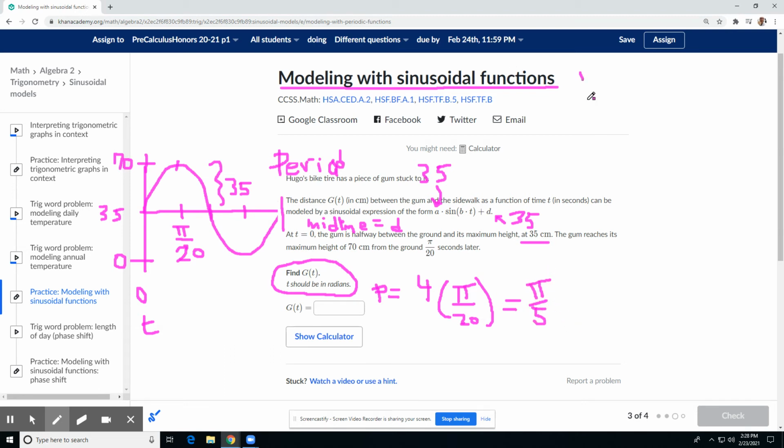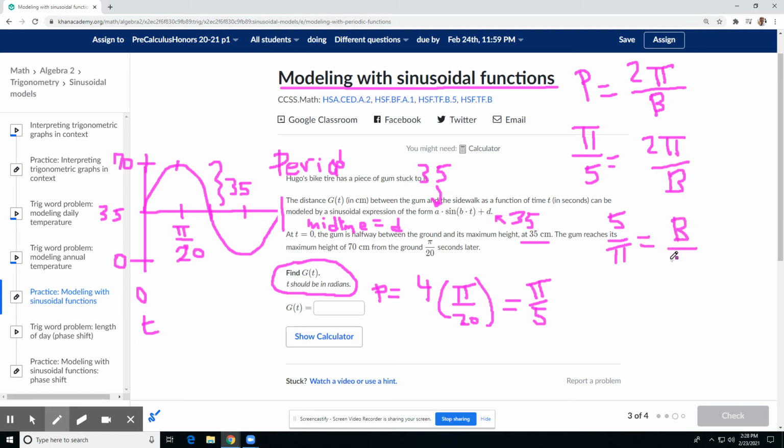All right, so our p formula is p equals 2 pi over b, and they're using little b. I like big B, so I don't confuse it with a 6. And then our period is pi over 5 to find our b. So this is 2 pi over b, and then we would multiply, or I like the reciprocal trick, so I'll just flip both sides. 5 over pi equals b over 2 pi.